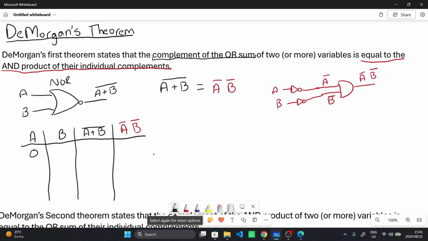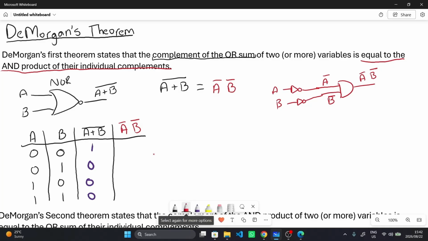So it's going to be 0, 0, 0, 1, 1, 0, 1, 1, right? So there are two inputs, so we'll have four conditions here. And if you remember your truth table for NOR gate, this will be 1, 0, 0, 0, right?